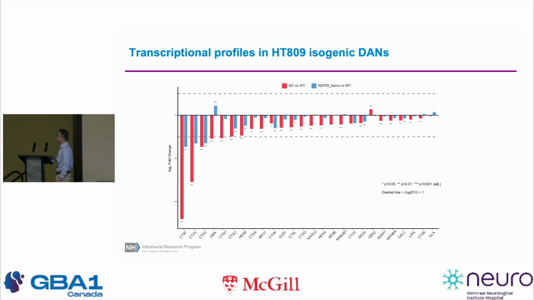We also looked at cathepsin F as well as other lysosomal hydrolases. Cathepsin F turns out to be the most reduced one in both knockout and N370S lines. Therefore, we think the transcriptional regulation definitely contributed to the lysosomal changes in these cells.